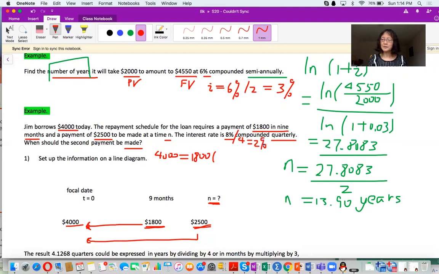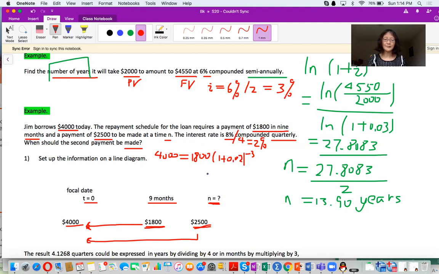So 1 plus I, 0.02, raised to power -3. Why is it -3? Because from t equal to 0 to 9 months, you have 3 quarters. So that is -3.